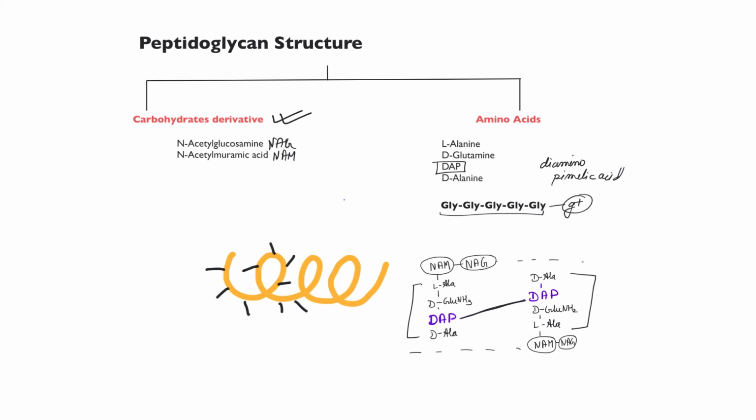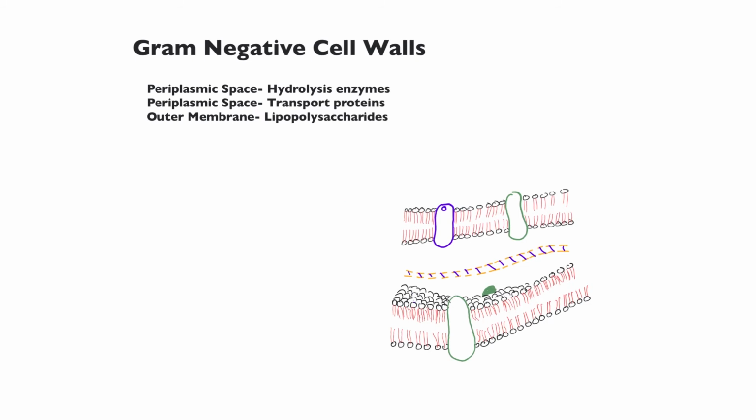Now, let us talk a little bit about the negative cell wall. So this is obviously the plasma membrane and a very thin peptidoglycan wall, and just above that we have an outer membrane.